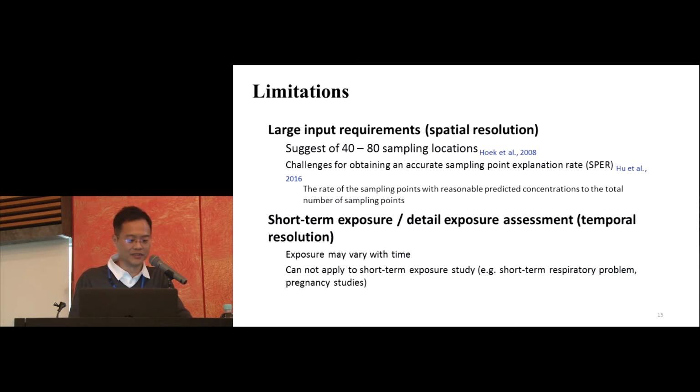That is the rate of sampling points with reasonable predicted concentration to the total number of sampling points. Back to my previous study, we only used 20 measurement sites to develop our model. So this is a limitation about spatial resolution.